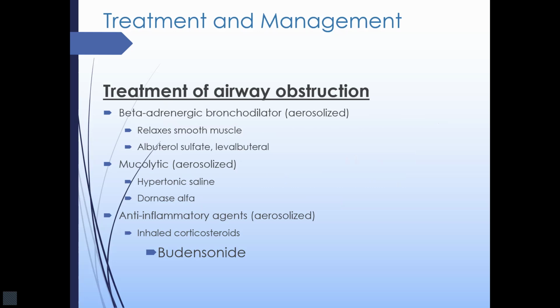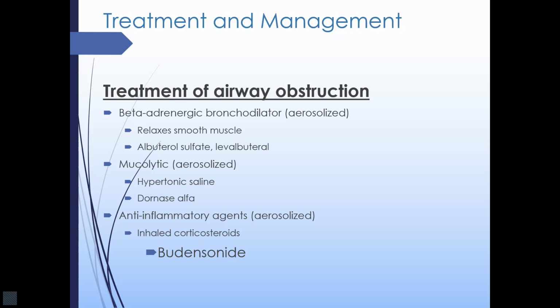Some airway treatments or pulmonary hygiene treatments commonly used are beta-adrenergic bronchodilators, short-acting and long-acting beta agonists, to help dilate the bronchial smooth muscle and keep the airways as open as possible so that we can get the secretions out. Mucolytics, we talked about this in pharmacology. We use hypertonic saline to hydrate secretions and also to stimulate cough.